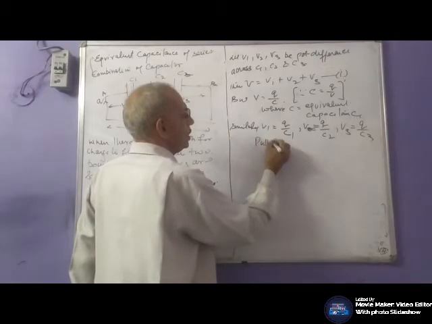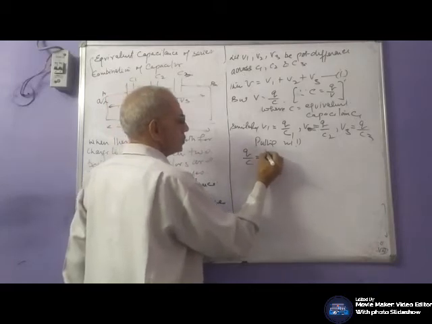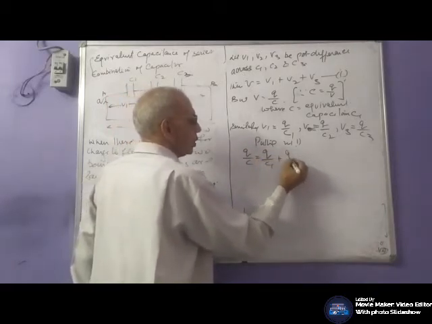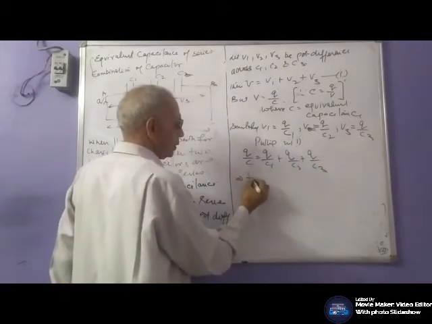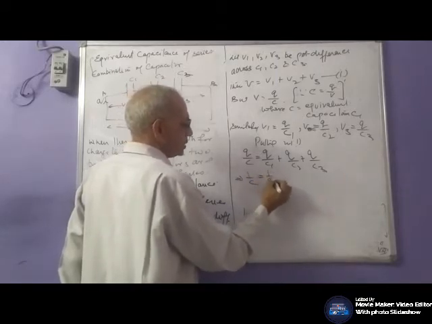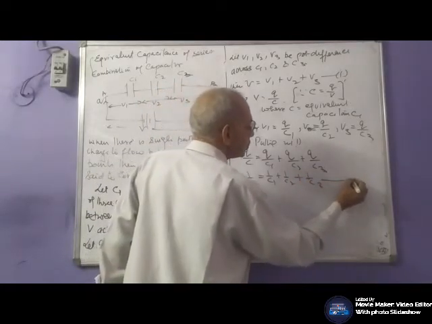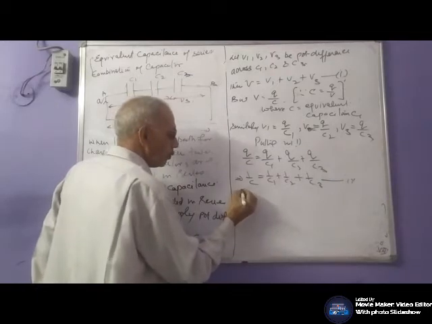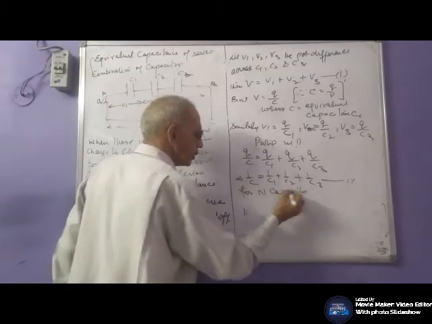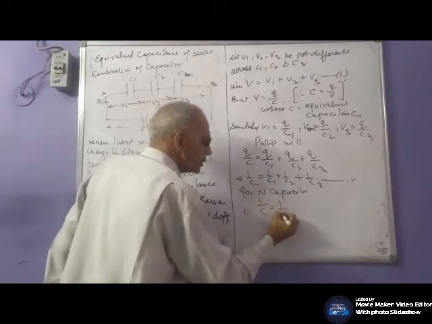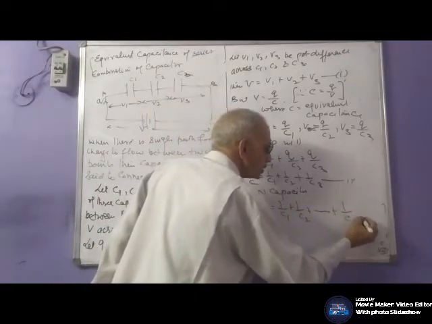Putting in the first, V is Q by C, Q by C1, Q by C2, Q by C3, or 1 by C is 1 by C1 plus 1 by C2 plus 1 by C3. For n capacitors, generalize: 1 by C is 1 by C1, 1 by C2, and so on to Cn.